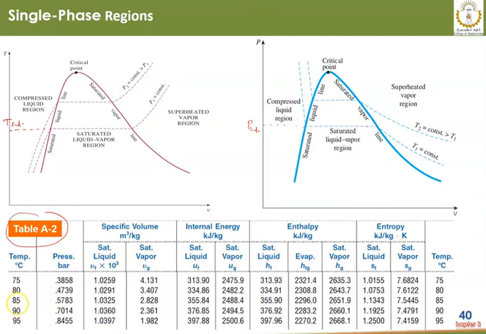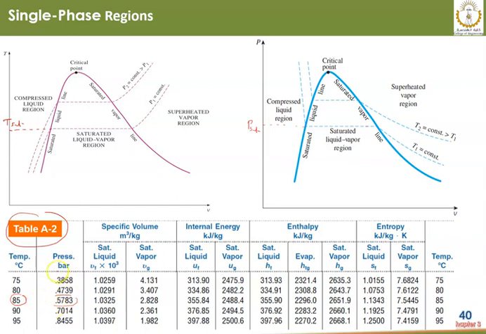So if we have the temperature, for example 85, and the pressure, for example, is 0.5, then we come here and see that at a temperature of 85 degrees Celsius, the saturation pressure is 0.5783 bar.